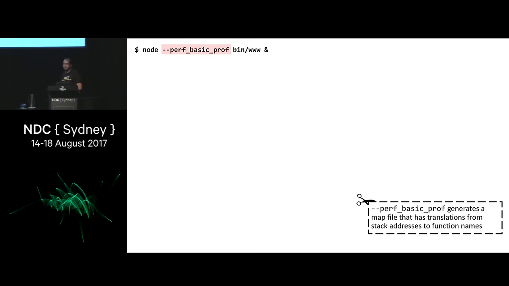This flag here, the --perf-basic-prof flag, instructs the runtime that whenever a method is getting JIT compiled at runtime, the method address and name are stored into a file. So it's not actually starting profiling, it's just emitting some supporting information.